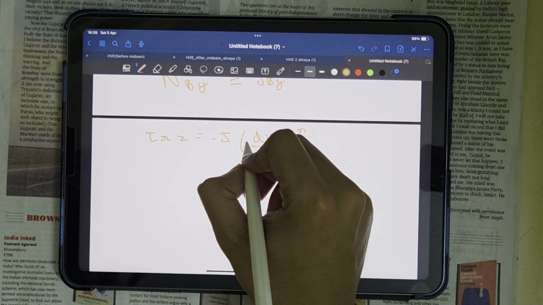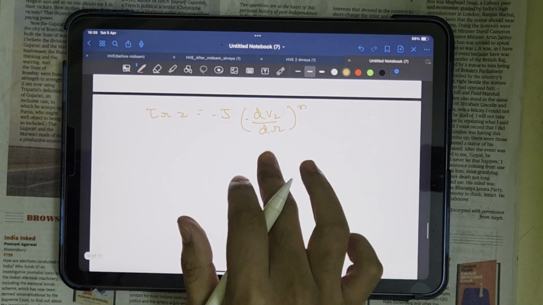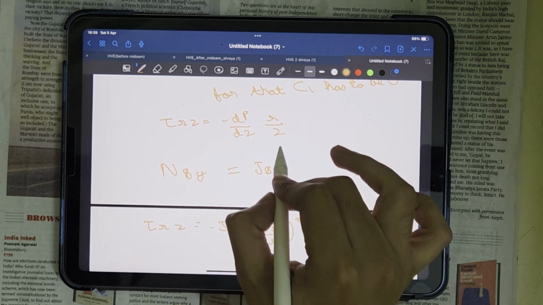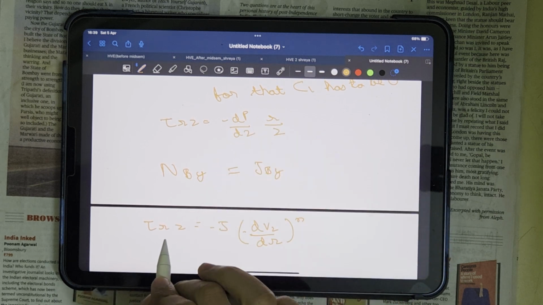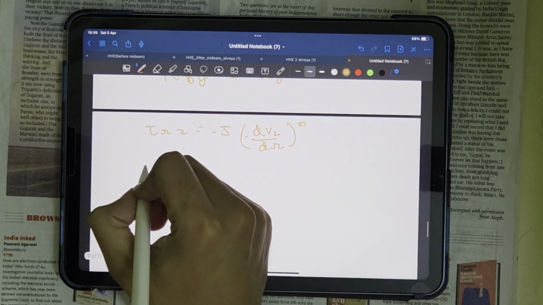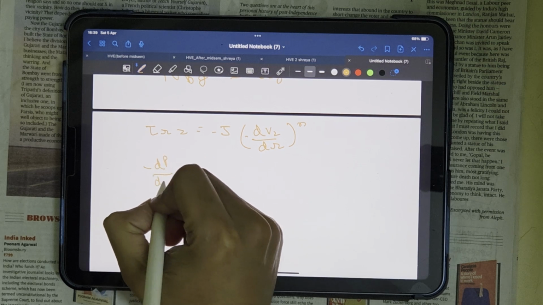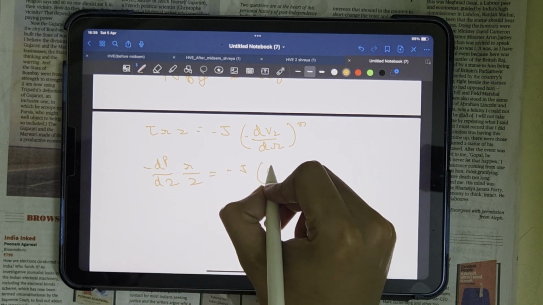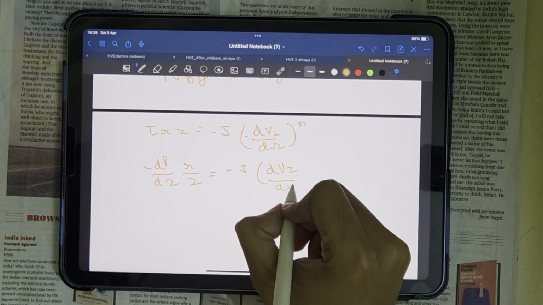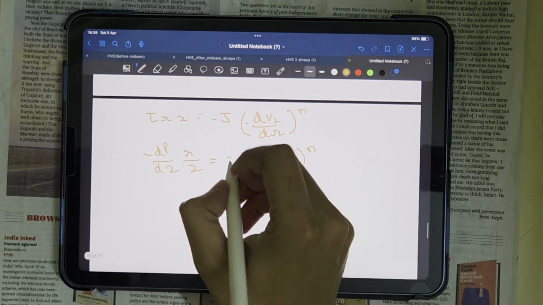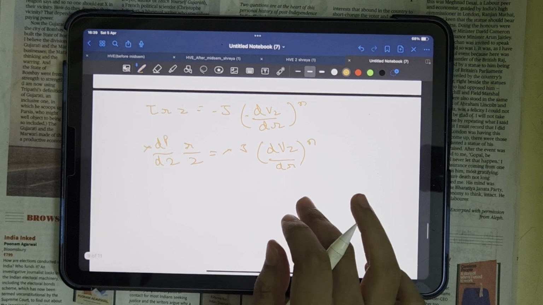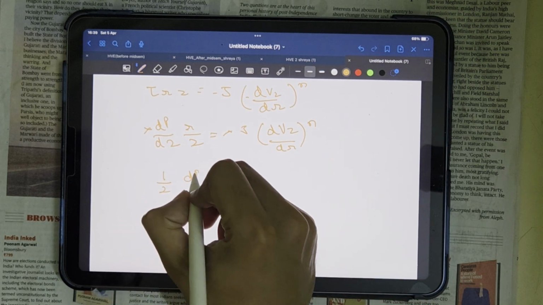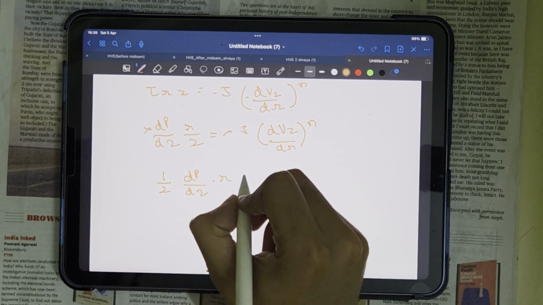Now we have equation of tau rz here. We will substitute this here. So minus dp by dz r by 2 will be equal to minus j dvz by dr whole power n. This minus can cancel with this minus. So 1 by 2 dp by dz times r is equals to j dvz by dr whole power n.